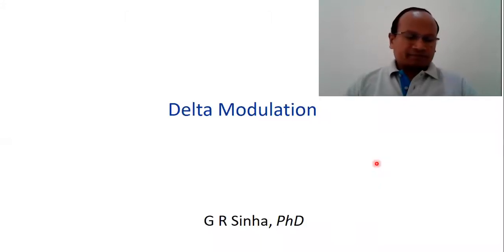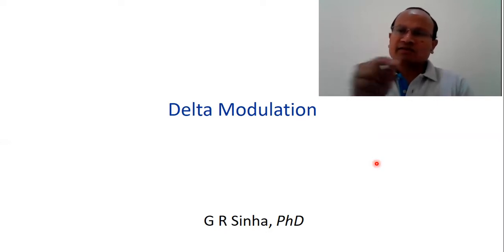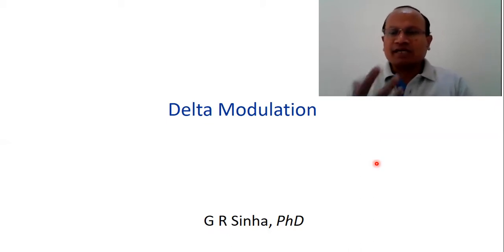Delta modulation is the topic of this lecture. Delta is a term which is used in mathematics for change, for difference, a triangular shape, if you remember triangular structure, del or delta. We write del x, del y, del z.